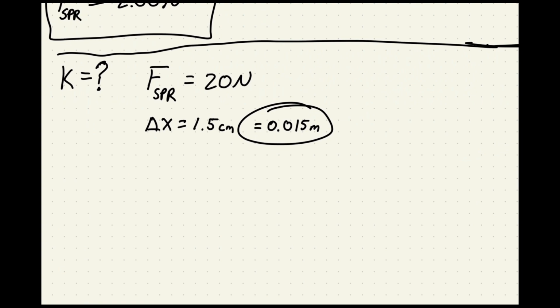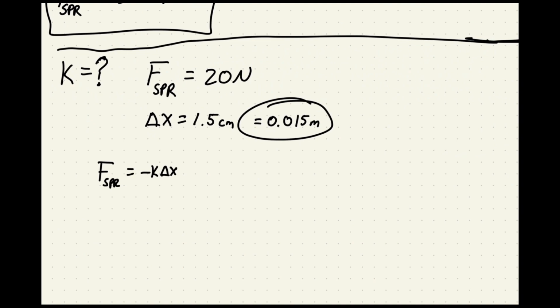And then I'd set up my equation that says our spring force is equal to minus k delta x. Here, I'm just going to toss out that negative sign because it's going to make things a little simpler. I'll explain why in a future video. K values are always positive, never negative.